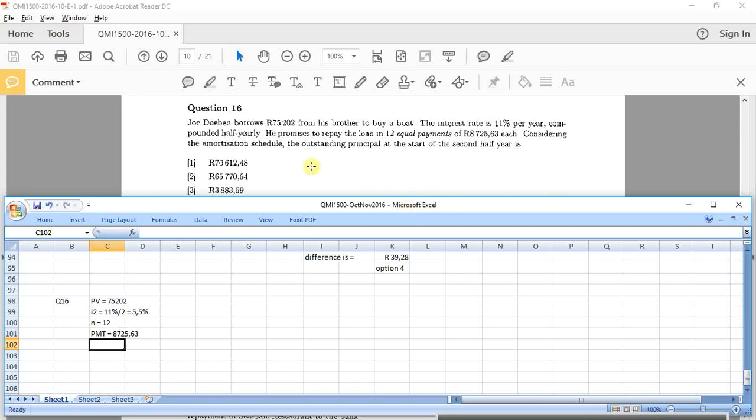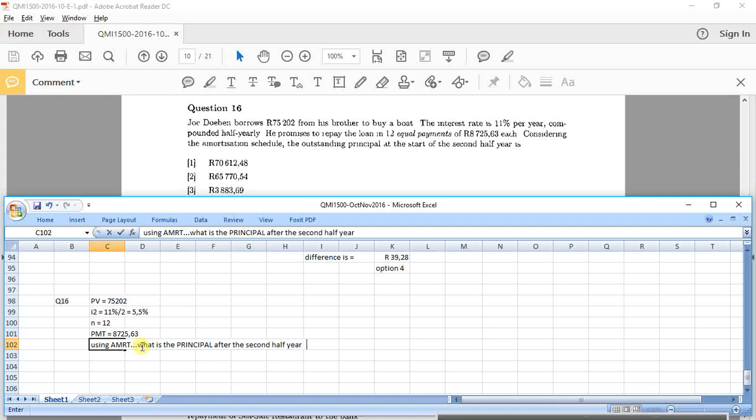Considering the amortization schedule, the outstanding principal at the end of the second half year is. Okay, so we're looking at using amort. What is the principal? Principal after the second half year.